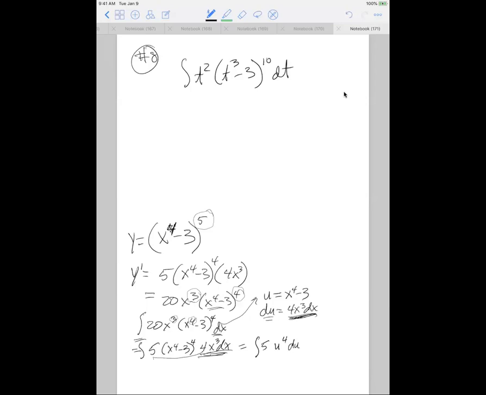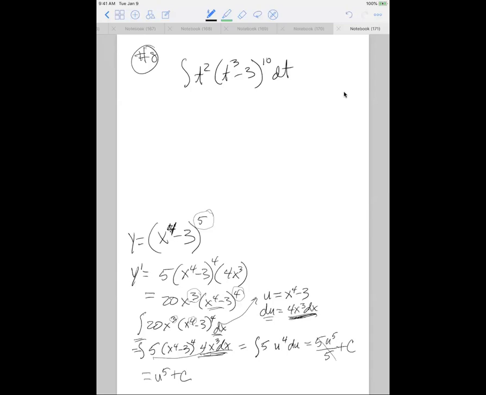Much easier problem to get the antiderivative of. So what do we do? Now let's integrate. That gives us 5u to the fifth over the new exponent, plus c, it's indefinite. So we end up with u to the fifth plus c.